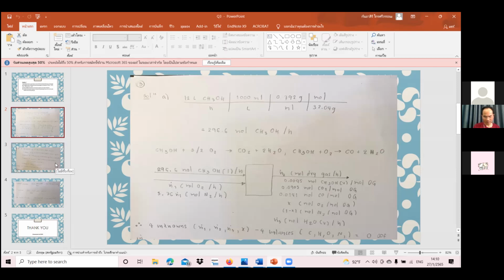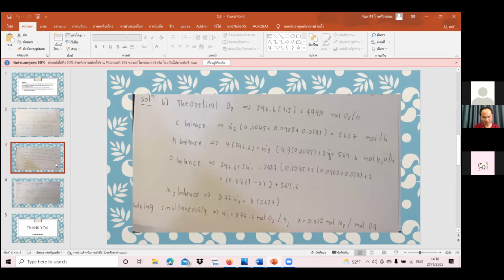That's what I got, 2,627. My first question: could you identify why the mole of theoretical oxygen you get is 444.9? Could you detail your answer to this question?